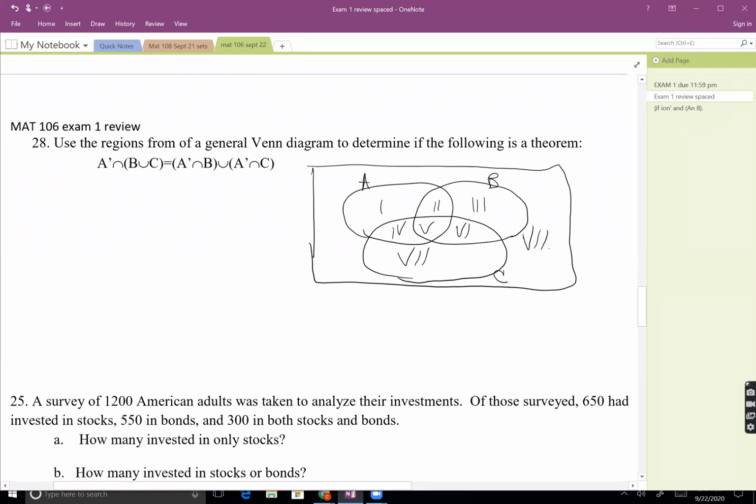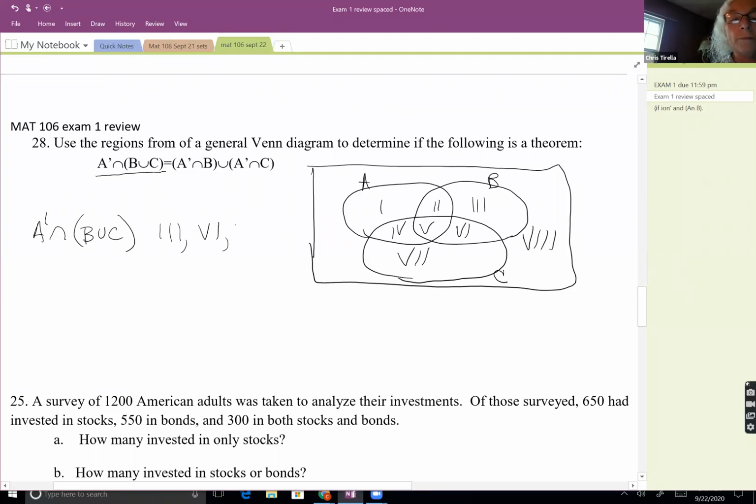At its bare minimum, if I look at A complement intersect B union C, we're saying what's outside of A and in B and C. So A complement intersect B union C would be regions 3, 4, and 7.